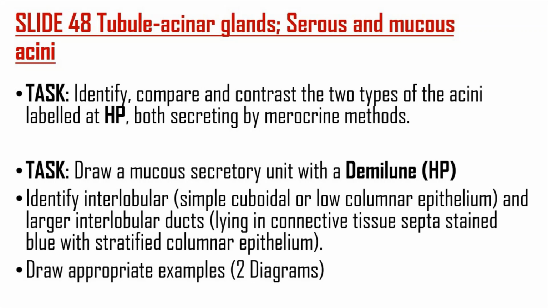Okay. Then slide 40, it shows tubuloacinar glands that are serous and mucous acini. So identify, compare, and contrast the two types of acini labeled at high power, both secreting by merocrine methods. So draw a mucous secretory unit with a demilune at high power.